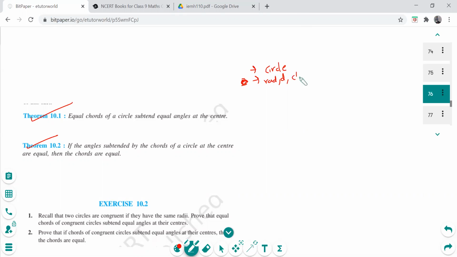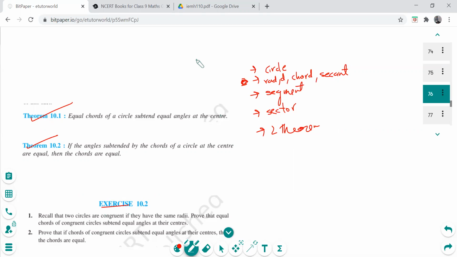Then chord, then secant, segment, sector, and then we discussed diameters, right?